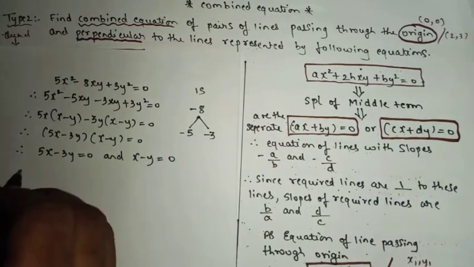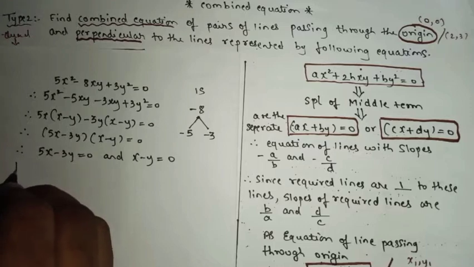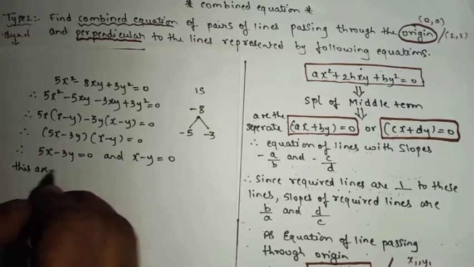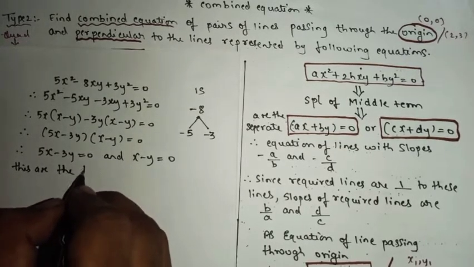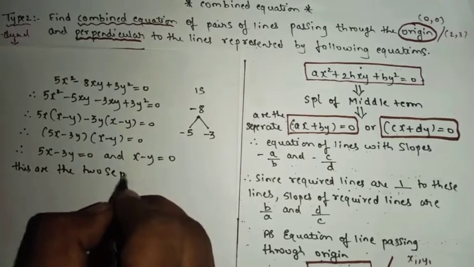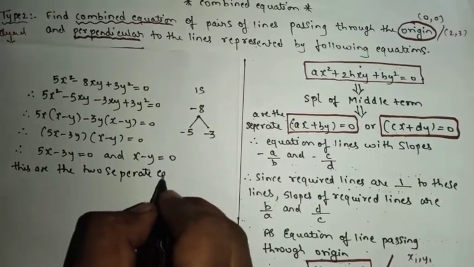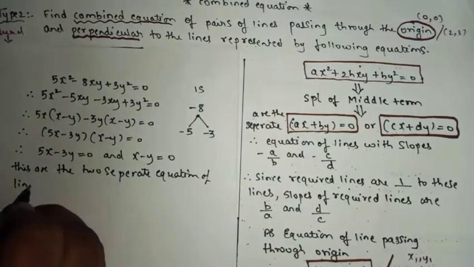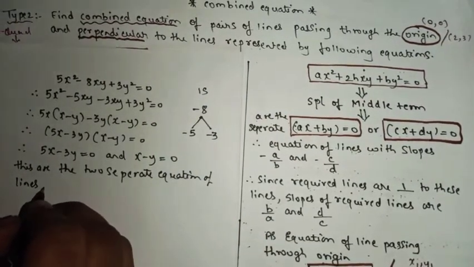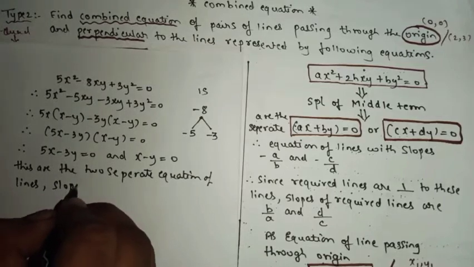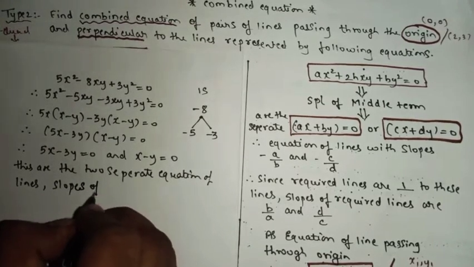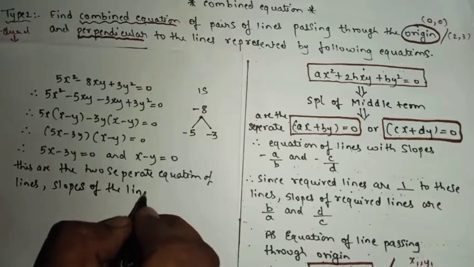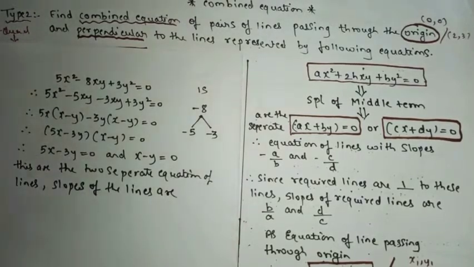And now exactly what you will do, for the separate equations of the lines you will find the slope. So these are the two separate equations of lines, and the slopes of the lines.